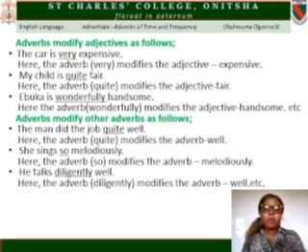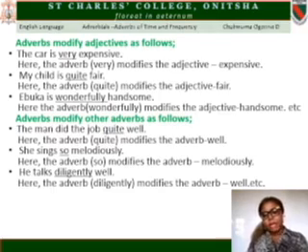Here, the adverb wonderfully modifies the adjective handsome. It also gives us more information on the adjective handsome, by telling us the extent of Ebuka's handsomeness, which is wonderfully handsome.